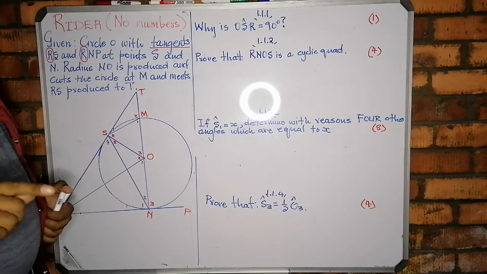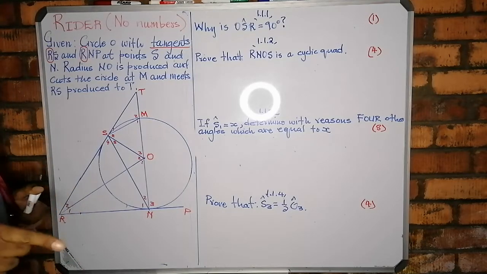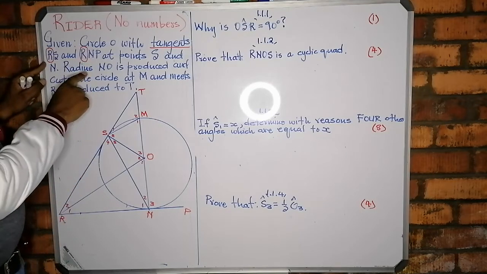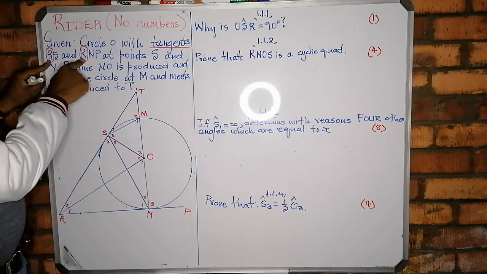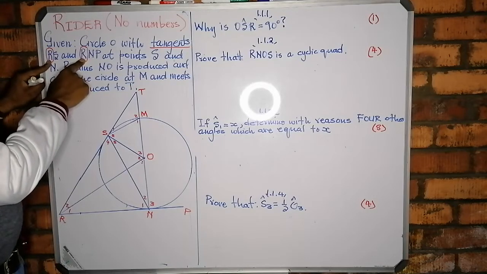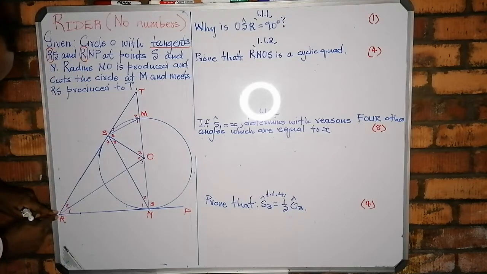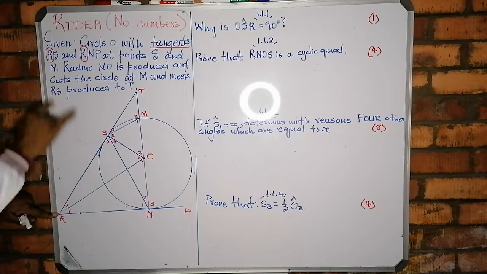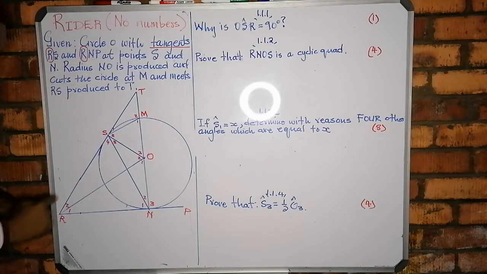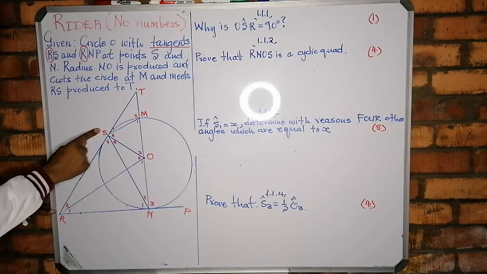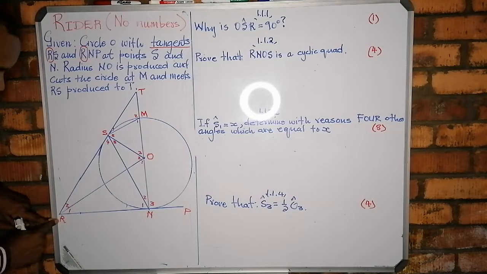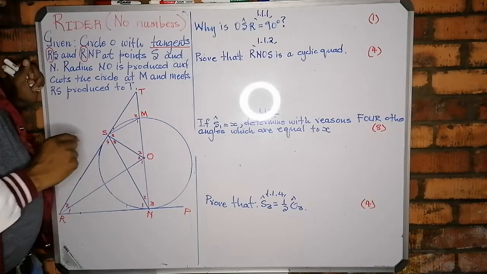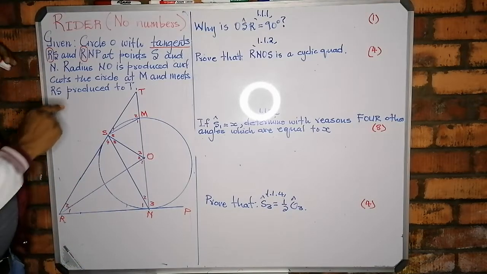If you know your theorems very well, you will know there's a theorem that says tangents from the same point are equal. You see, both tangents are from a common point R. That means that RS is exactly the same as RN. Remember that. Let's continue again.